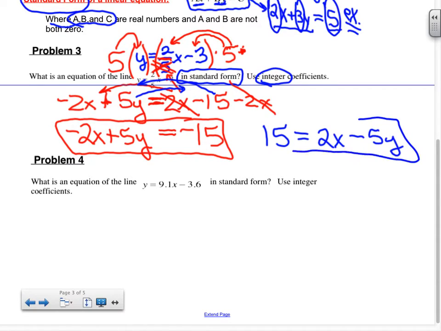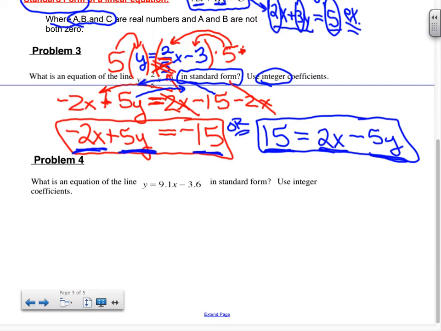So really, when you convert things to standard form, there are two versions. But notice the versions. Look at the 15, and look at the other 15, negative 15. Look at the 2x, and now it's negative over here. 5y is positive here, 5y is negative here. So as long as your terms are all opposite, and your constants are opposite, you've done it right.